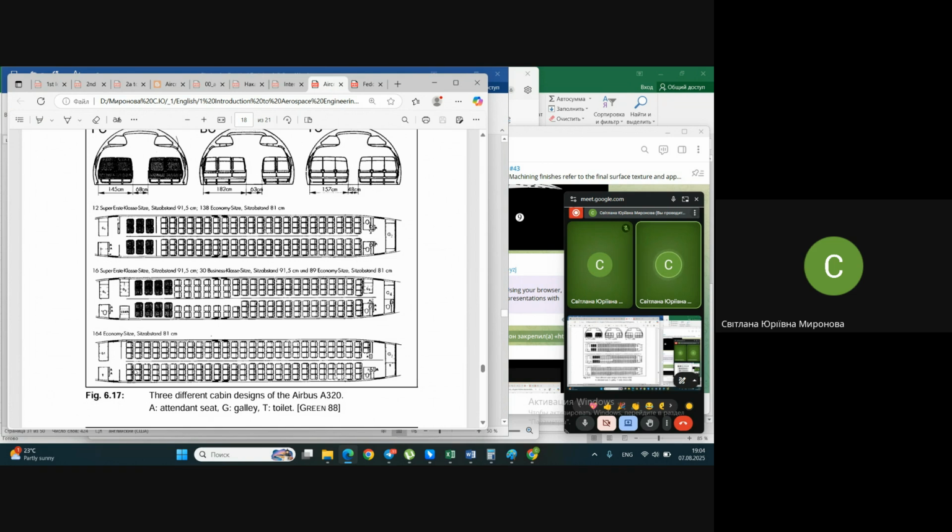lengths of the fuselage. If you already have some model of airplane, it's quite clear that it will be the same diameter inside. You will have the same external size of the fuselage, but you will have a different layout of interior, and depending on this, you will have different payload inside the airplane.